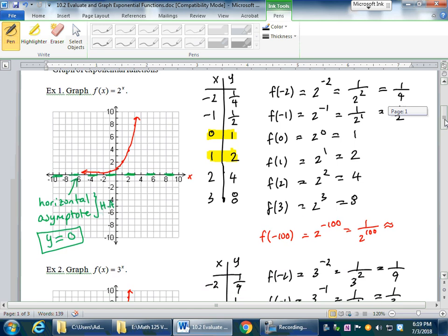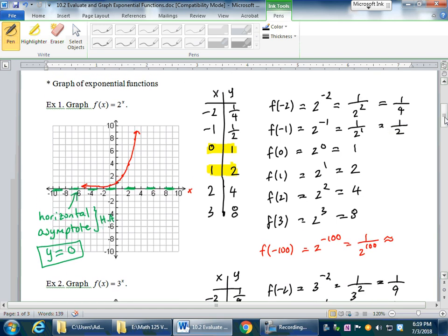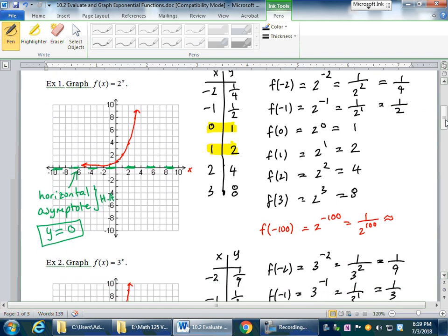So for this one, let's erase some. Let's write it down right here. My domain in this case is negative infinity to positive infinity, because the graph is going to be extending to the left and extending to the right, and it will eventually cover the whole entire x-axis. However, my range is going to be 0 to positive infinity.